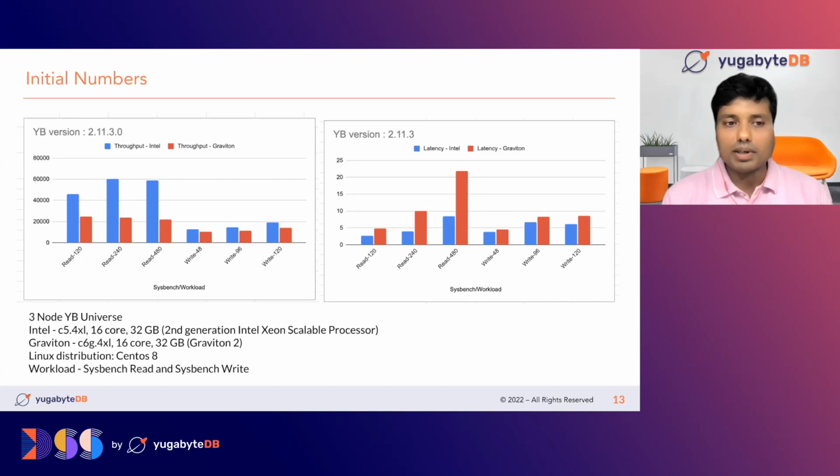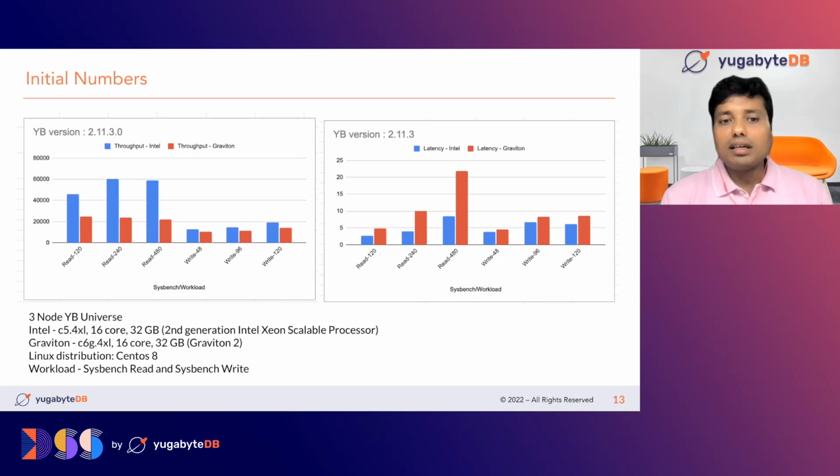We had a 3-node Yugabyte universe, wherein we were using C5 instances for Intel, which are second generation Intel Xeon scalable processors, and C6g instances for Graviton, which is Graviton 2. We used 16-core boxes with 32 GB of RAM, which are 4XL size boxes, and the Linux distribution was CentOS 8.